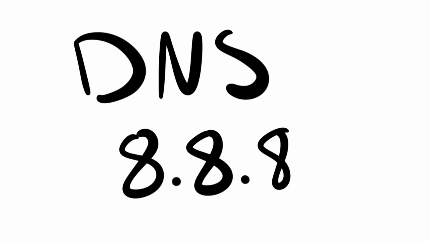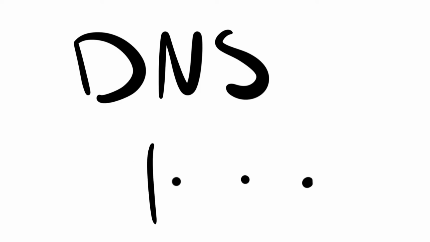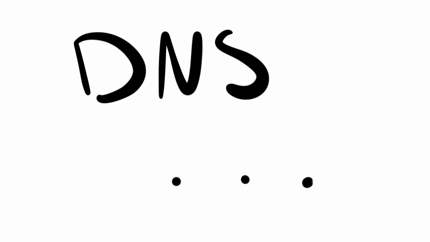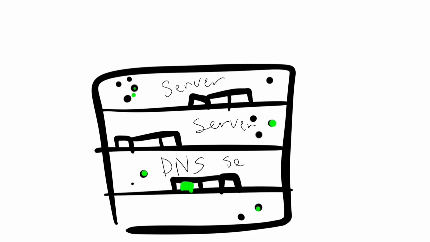Generally, you want to use something like Google's public DNS, 8.8.8.8, or Quad9 DNS, or Cloudflare's or OpenDNS. But going back to the story, this DNS service was redirected to the threat actor's own server, their own IP address that they handled.